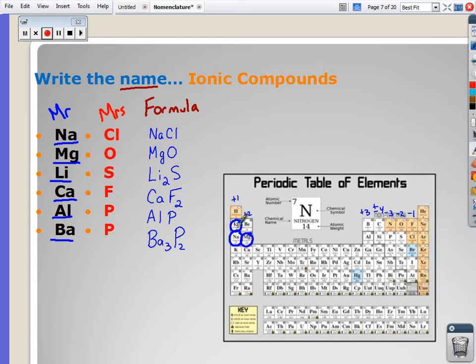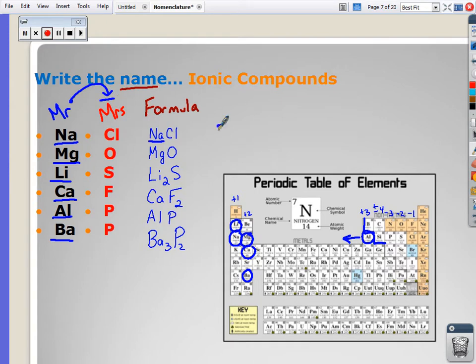We already established that before. But just so you can see, remember aluminum's on this side of the fence, so it's a metal. Those are all metals. The minute the first one begins with a metal, you say Mr. and Mrs. They're playing throw and catch.